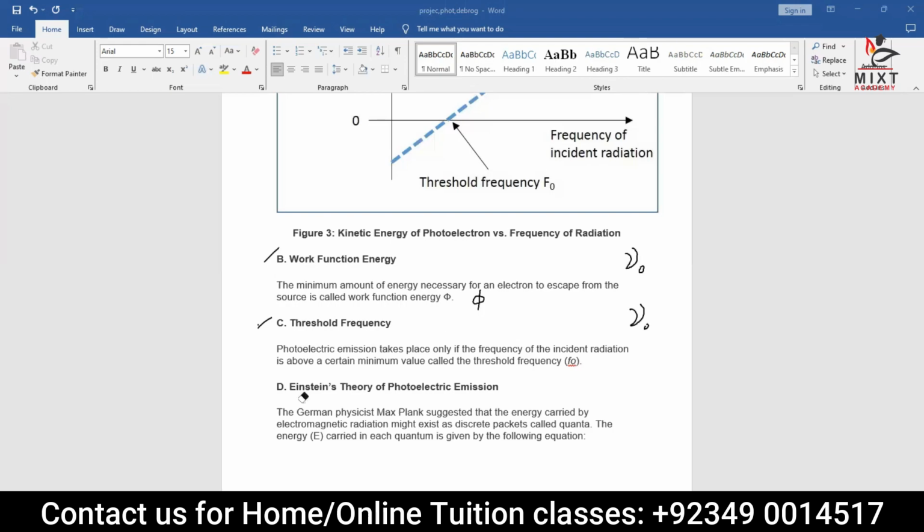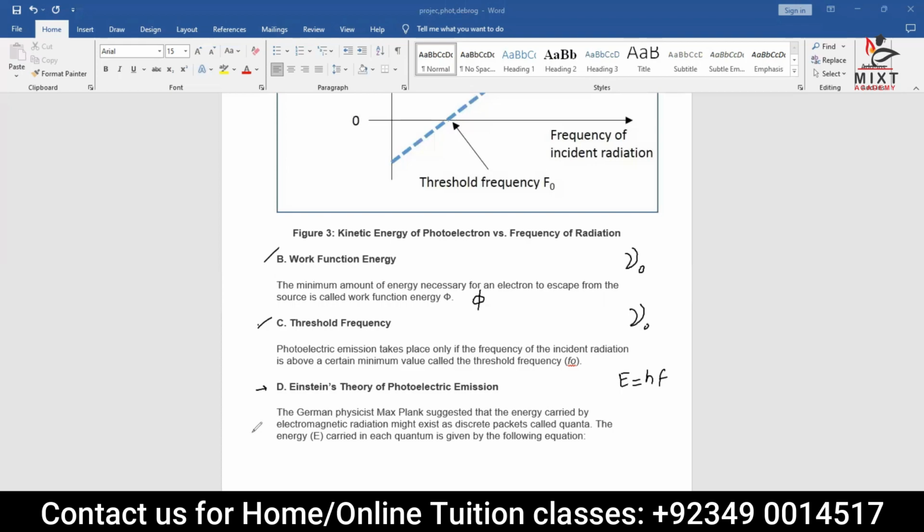After this, now another very important thing, which you told me last time that you want to know about: Planck's energy, E equals h times frequency. What is this all, right? So here I want you to put a heading, Einstein's theory of photoelectric emission, because this energy is given by Planck, another scientist.